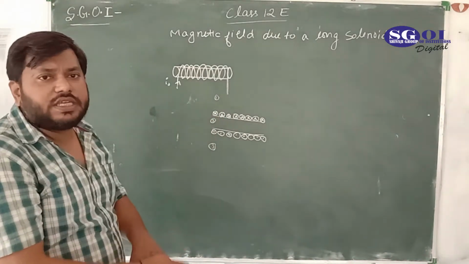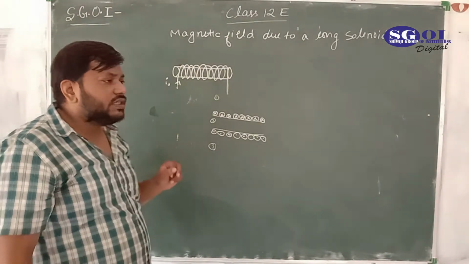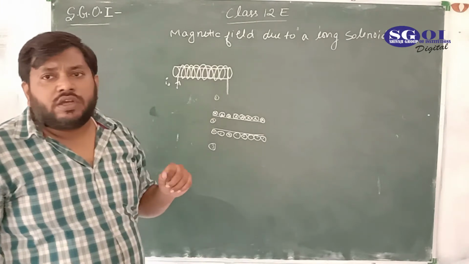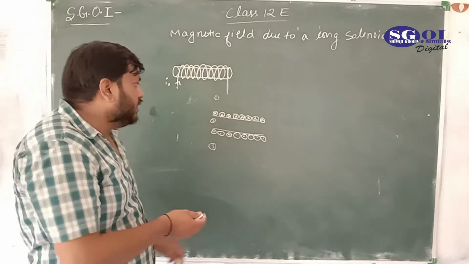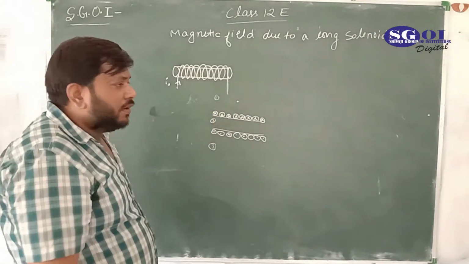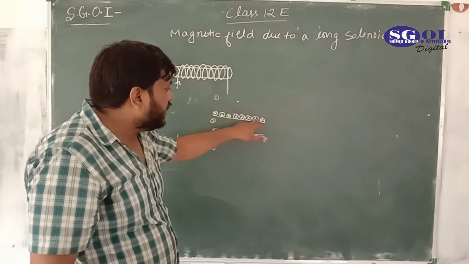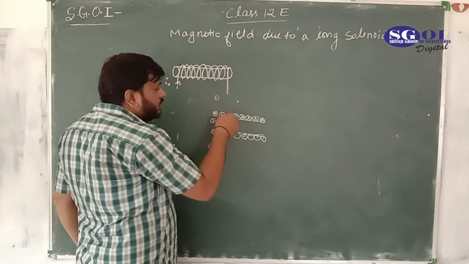In all these three regions we would first observe the direction of the magnetic field, because it is a vector quantity, and for handling a vector quantity we first analyze its direction. So let's say at a point here, magnetic field because of all this part, current is going inward.